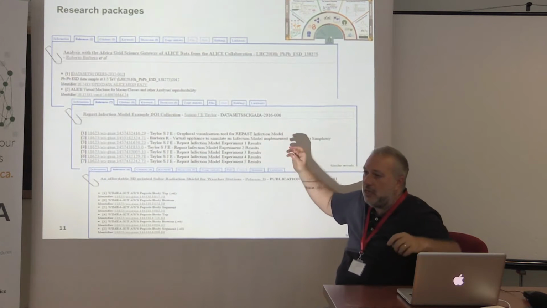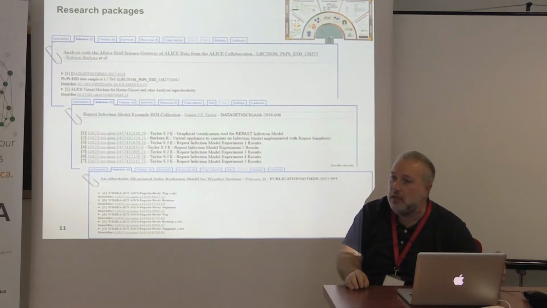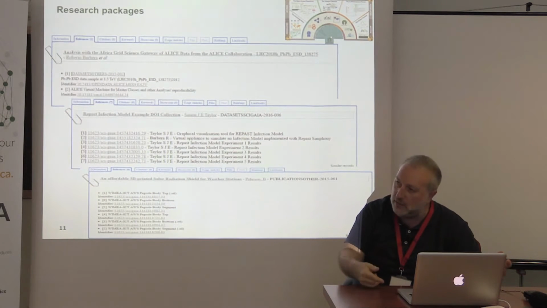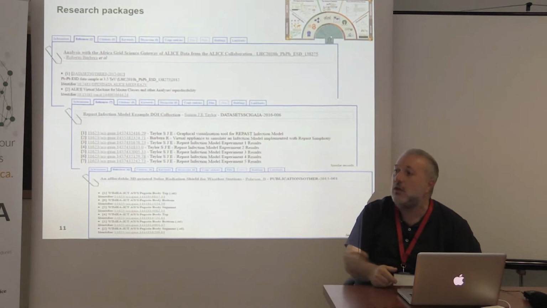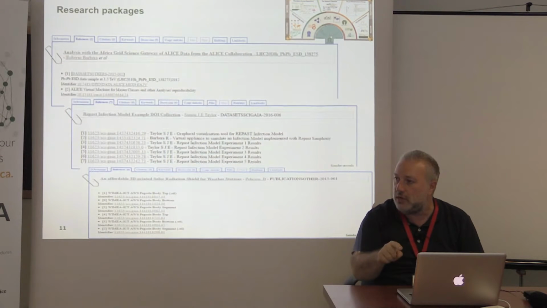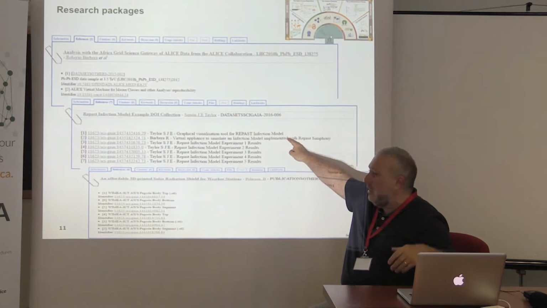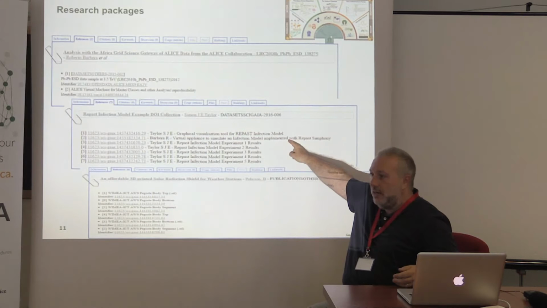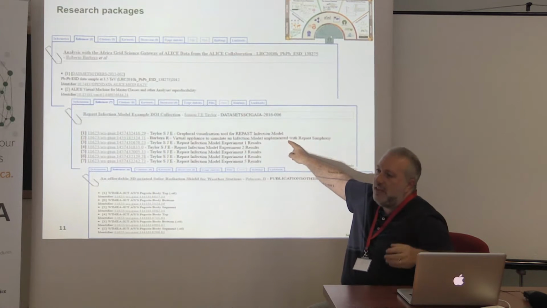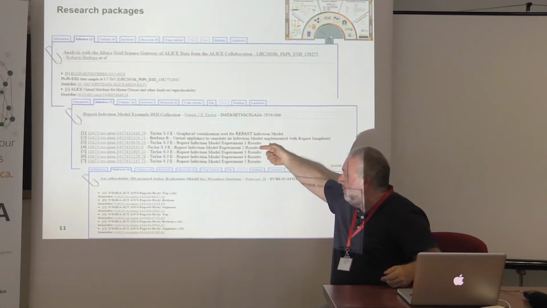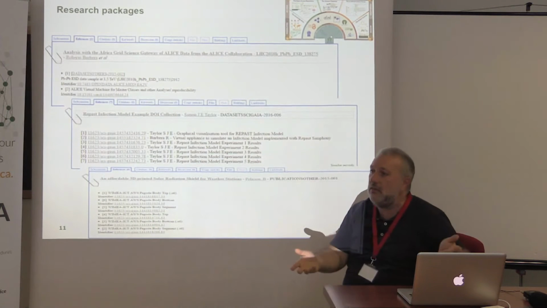This virtual machine has been deployed on the EGI Fed Cloud and is started on demand using a science gateway. You have an application on a science gateway, you click a button, this virtual machine is started on one of the sites of the EGI Fed Cloud. These data sets are retrieved and the analysis starts.